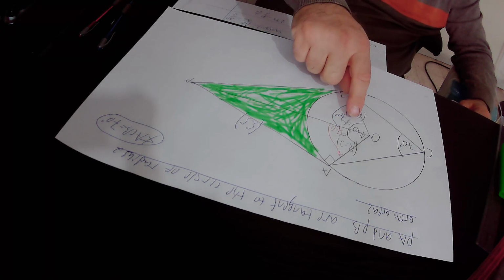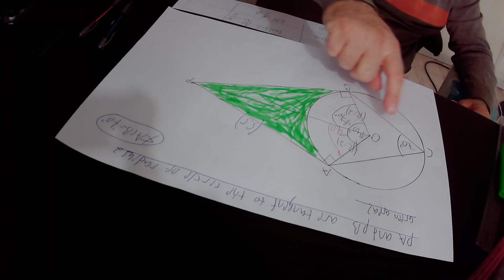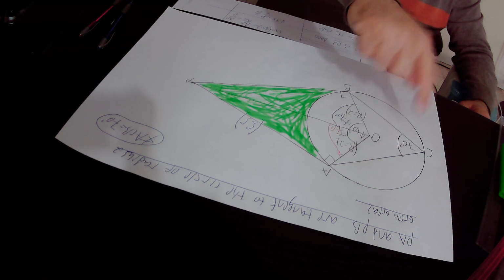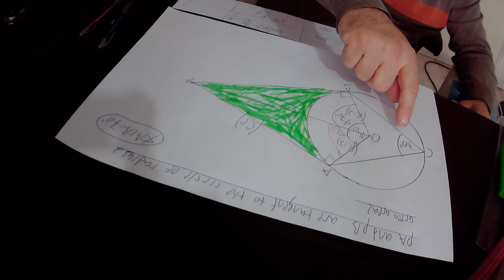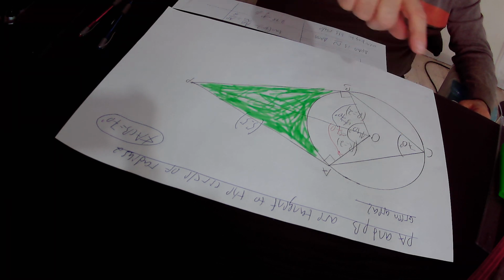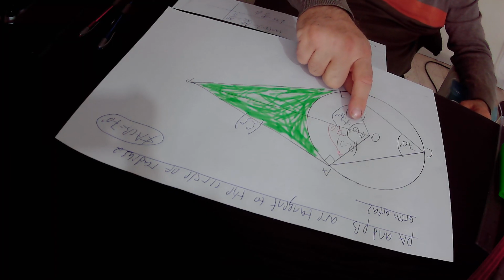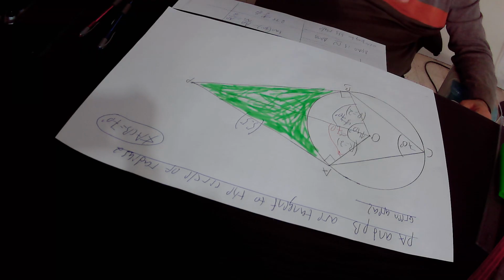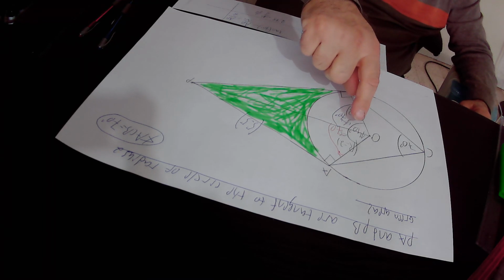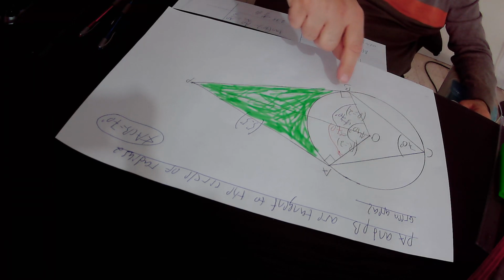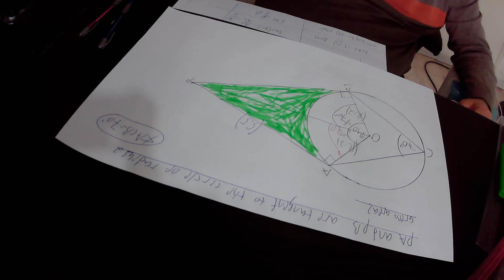Therefore, the central angle AOB must be twice as large as the peripheral angle ACB. So the peripheral angle ACB equals 70 degrees, and the central angle must equal 70 degrees times 2, that is 140 degrees. In conclusion, the central angle AOB equals 140 degrees.